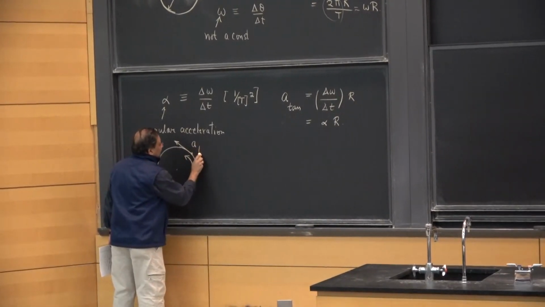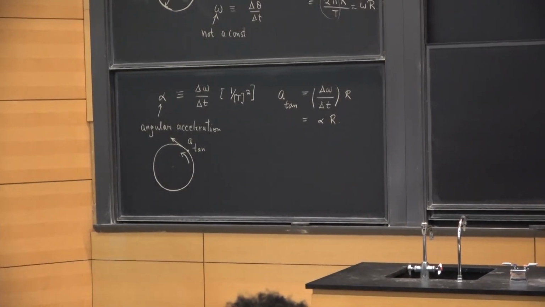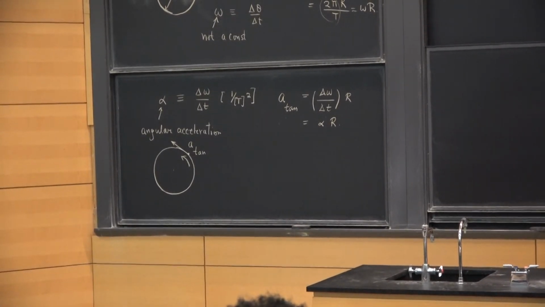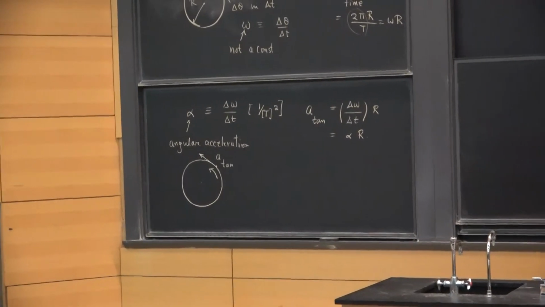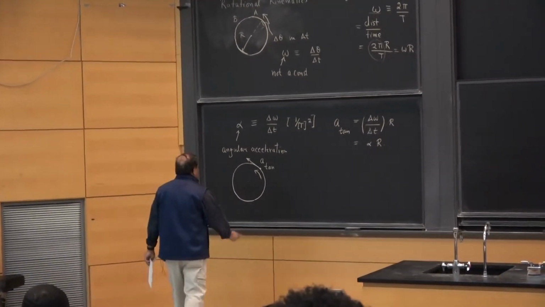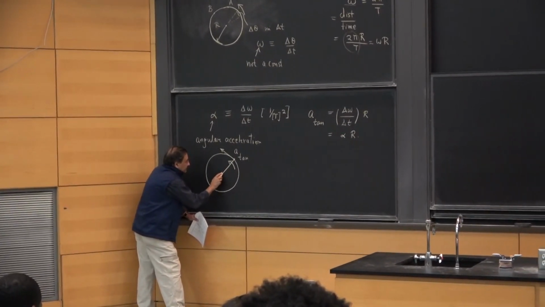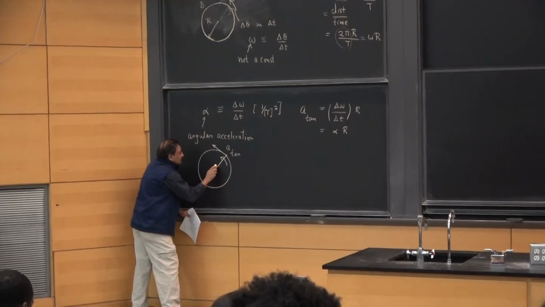This is your tangential acceleration. Okay? So contrast that with what you have dealt with so far, which is your centripetal acceleration. Now that hasn't gone away. Your centripetal acceleration is alive and well. So your centripetal acceleration on the other hand is that way, towards the center, right?